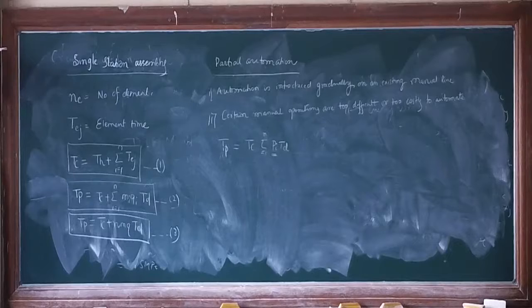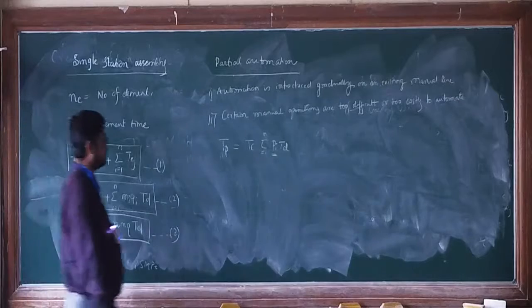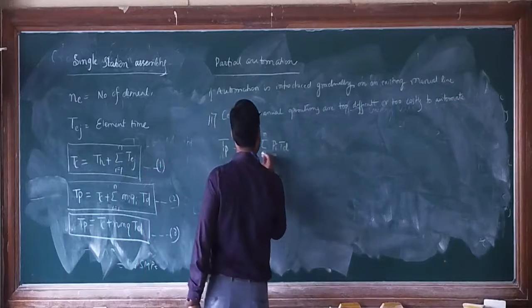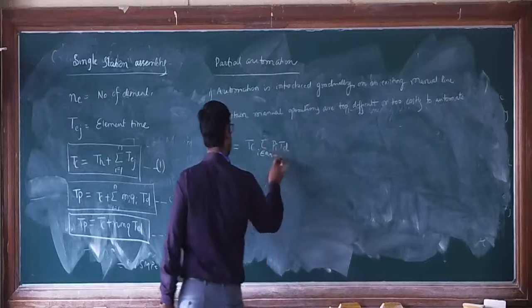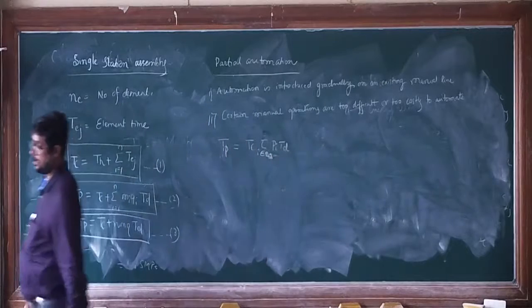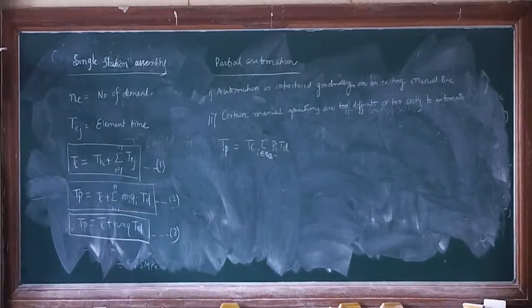The summation applies to Na automated stations only. That's why we assume that station breakdown occurs at automated stations.